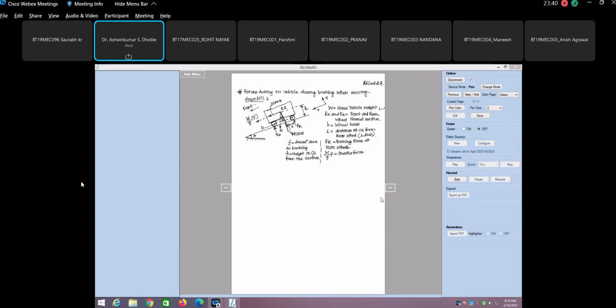See, if you consider the weight of the vehicle, we have got three terms which are used here: gross vehicle weight, then unladen weight, then laden weight. So what is the difference between these three weights of the vehicle? Sir, can you throw some light on this?